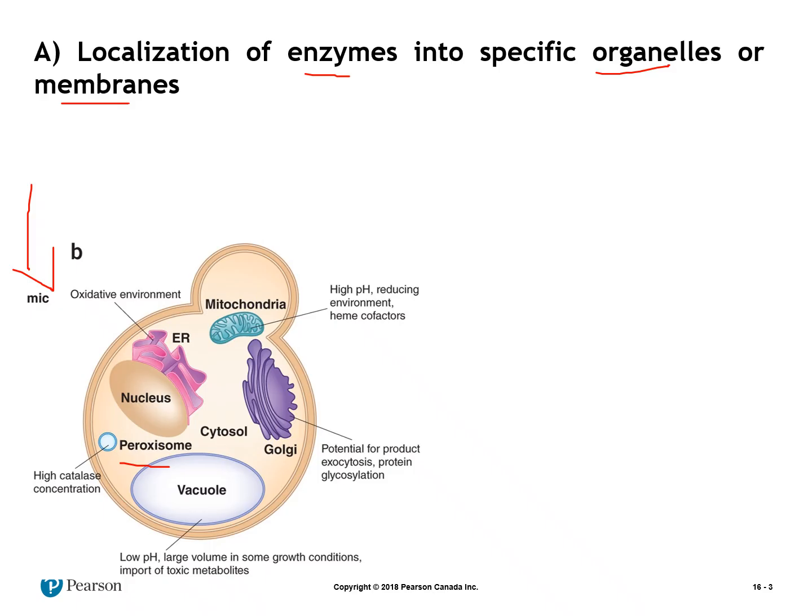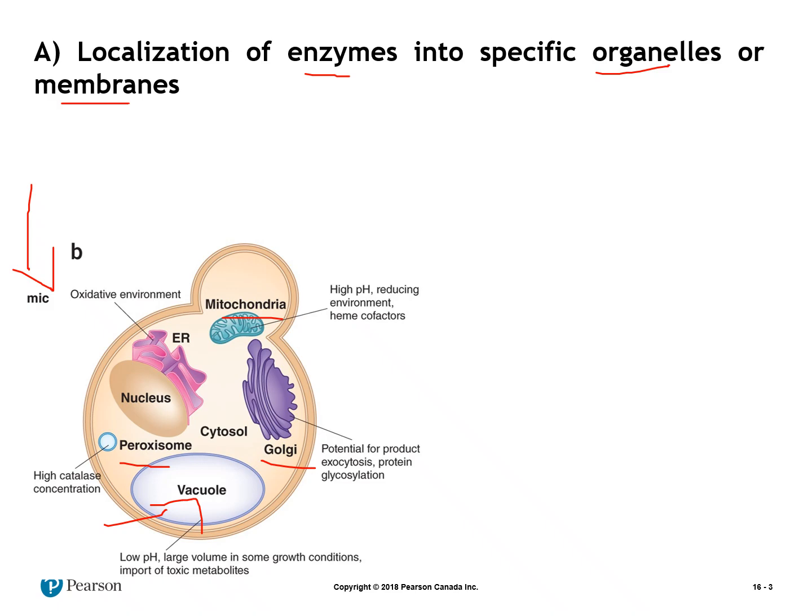Something like that happens with the vacuoles, and with different organelles like the Golgi apparatus and the mitochondria. Remember that we talked about how the inside membranes of the mitochondria are the key to understanding cellular respiration, and there you have enzymes.